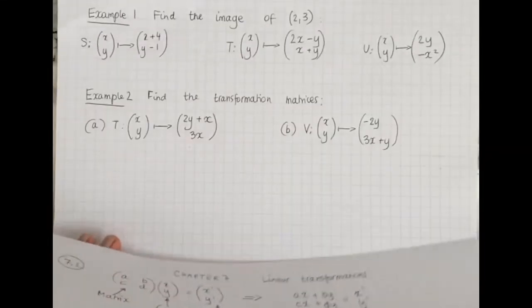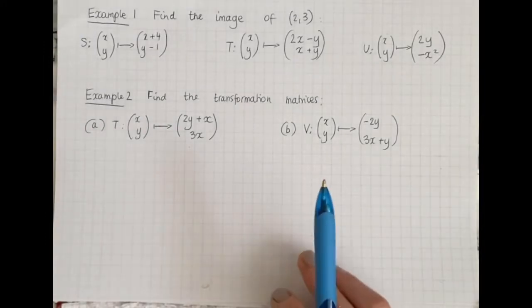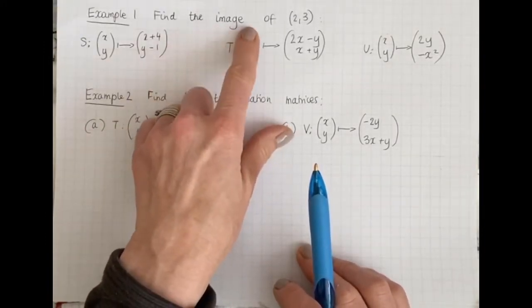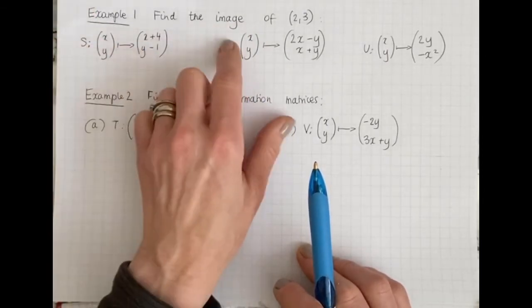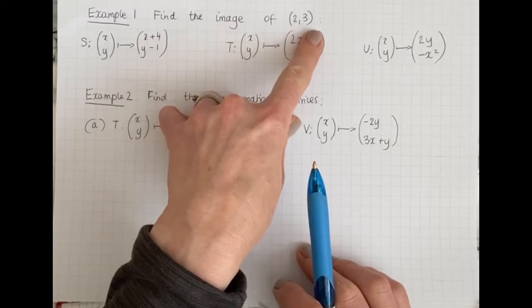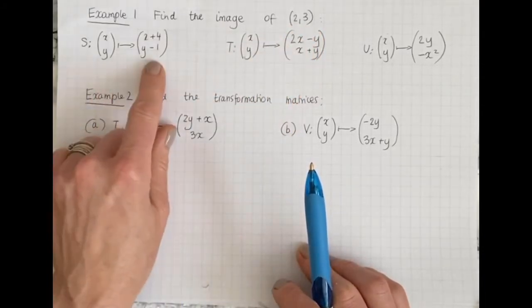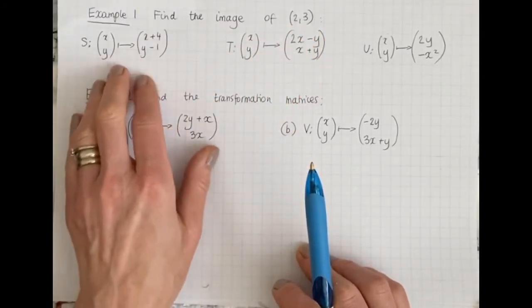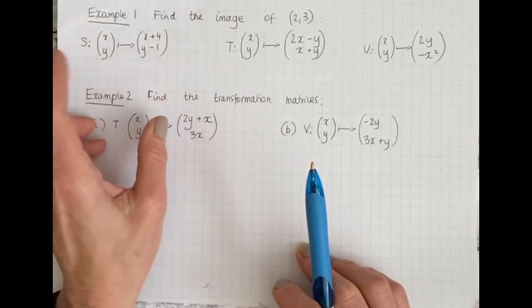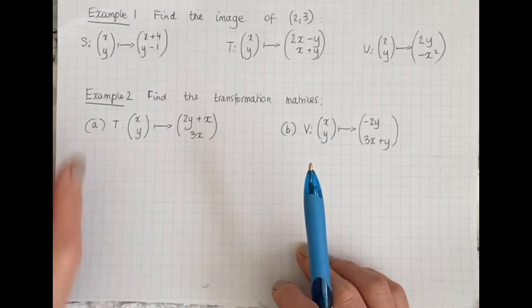So we'll have a look at the first example. So let's just see if we can answer this question. We're going to use this idea of finding the image of the point with the coordinates 2, 3. So here is my transformation. It's not given in a proper 2 by 2 matrix form. It might not be possible because it might not be linear.